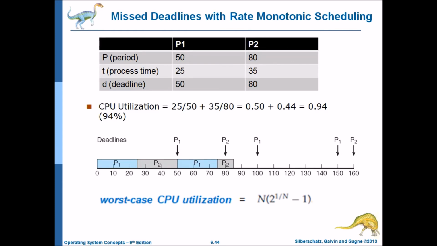Note that in our last example, 94% is higher than 75%. Since the combined CPU utilization is approximately 94%, above the 75% for two processes, rate monotonic scheduling cannot guarantee that they can be scheduled to meet their deadlines.